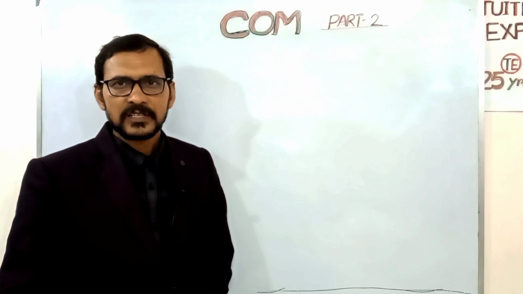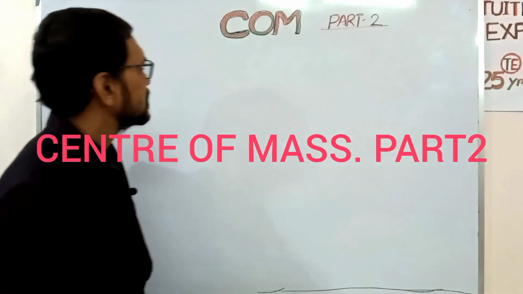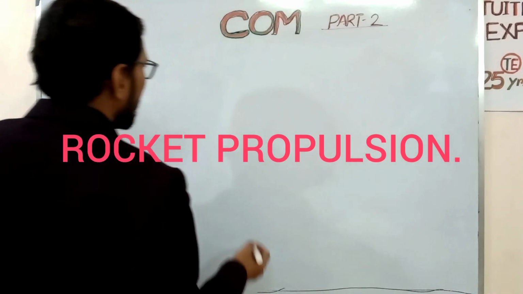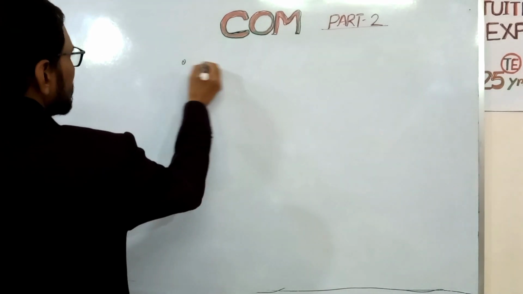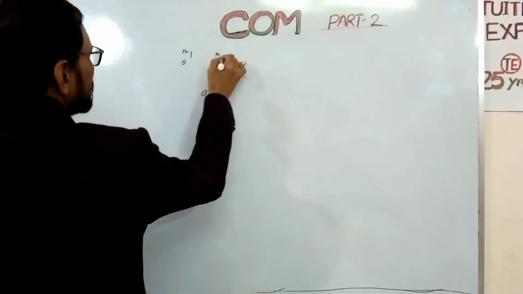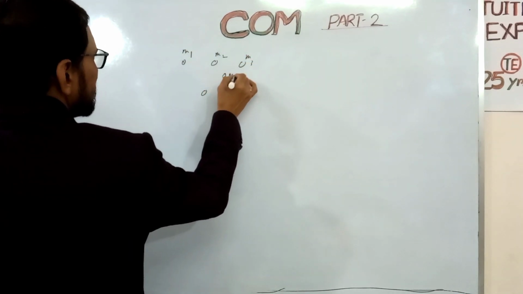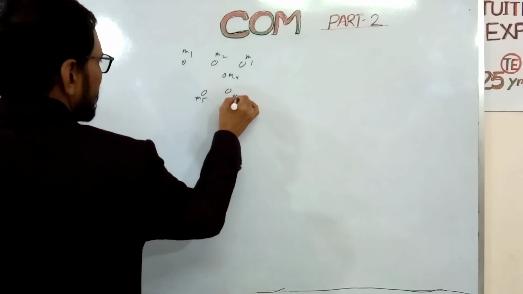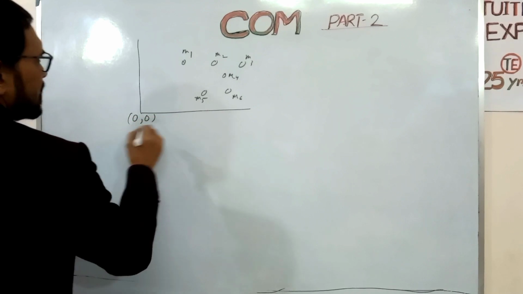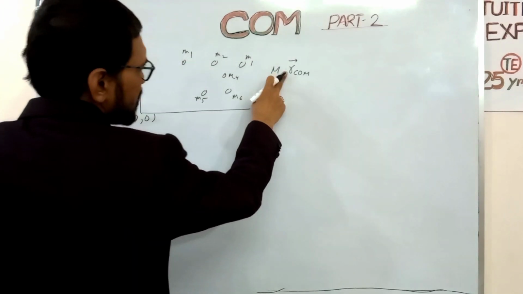Now let's start the class. Today's class is on Center of Mass part 2. In part 1, I discussed center of mass for point masses. Suppose m1, m2, m3 are different point masses, this is the origin, and R is the position vector of the center of mass.